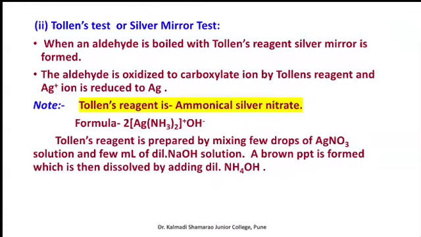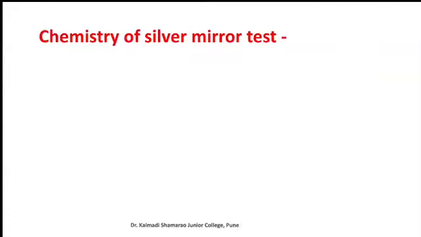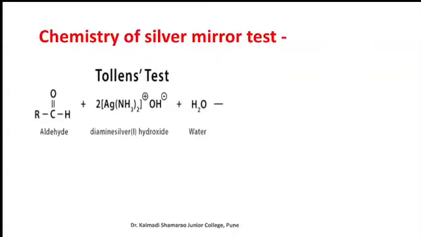Tollens reagent is prepared by mixing few drops of AgNO3 solution and few ml of dilute NaOH solution, which results in the formation of brown ppt. Then this brown ppt is dissolved by adding dilute NH4OH. During the reduction of Tollens reagent, the following reaction takes place.